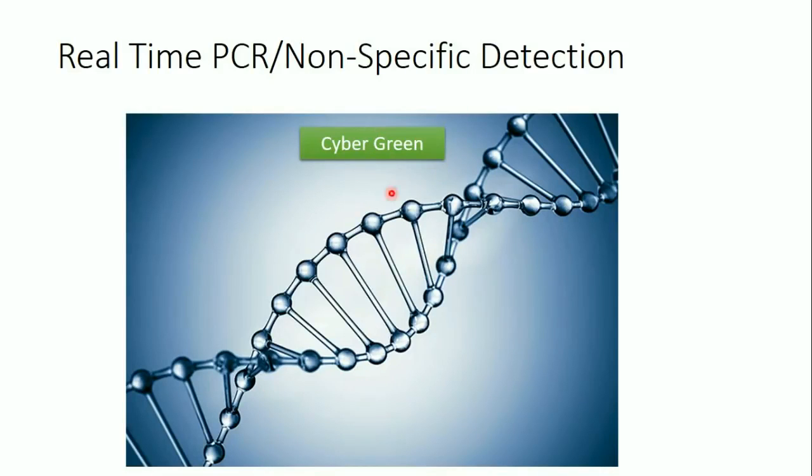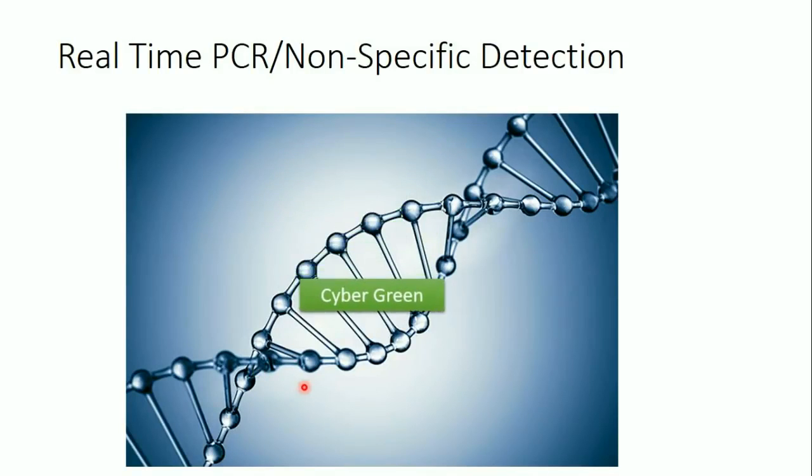So the cybergreen can sensitively detect the double-stranded DNA, and then it goes to the minor groove and it binds there. Once the cybergreen is bound to the double-stranded DNA, it becomes fluorescent.